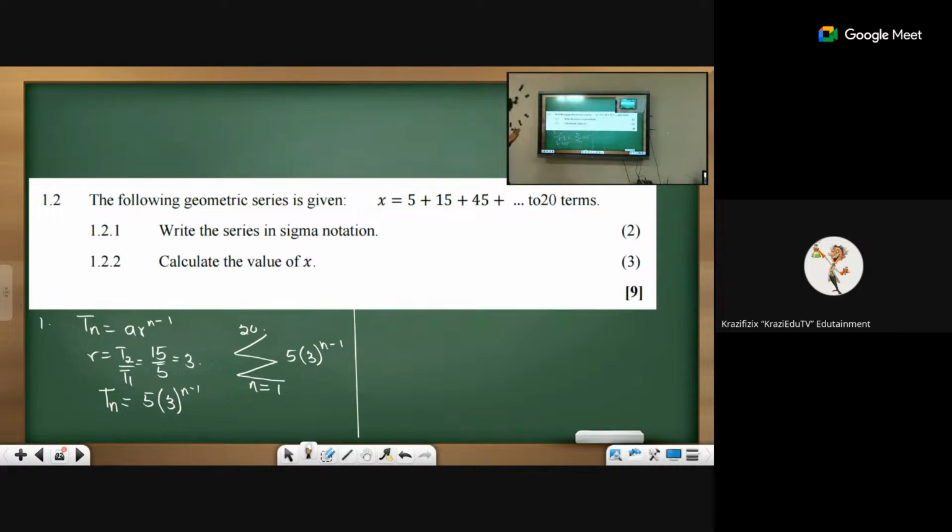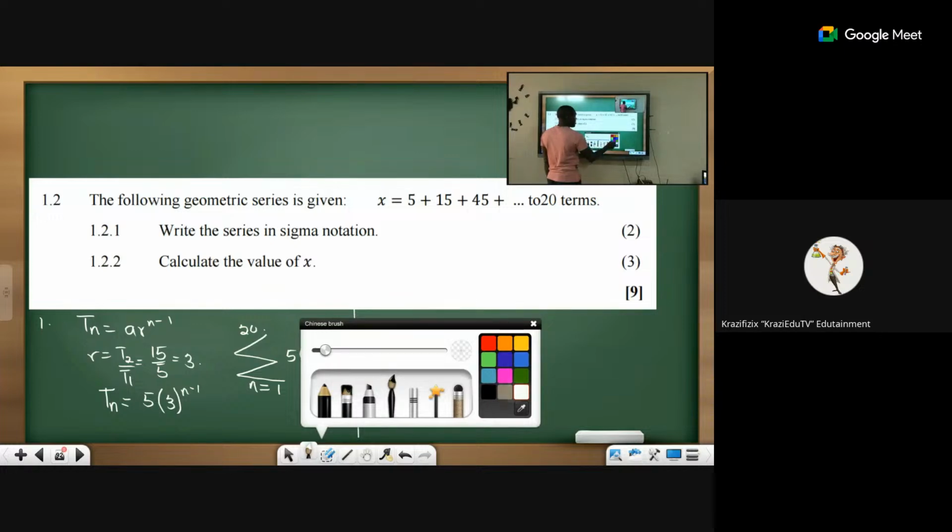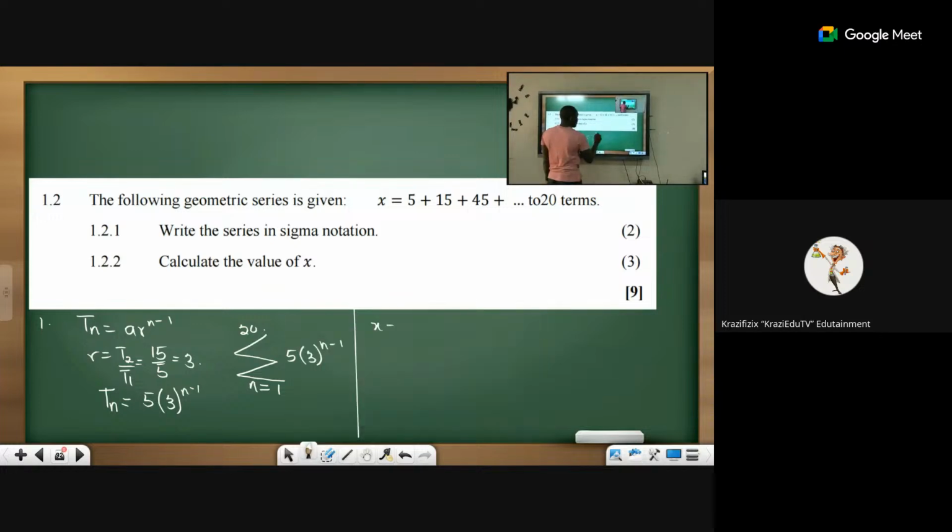Simple. Calculate the value of x, which is the sum. Sweet, sweet maths. X will be equal to what? Sn, which is a geometric. We just write the formula and use the formula. What is our A? 5. What is R? 3. How many terms? 20. 20 minus 1 over 3 minus 1.